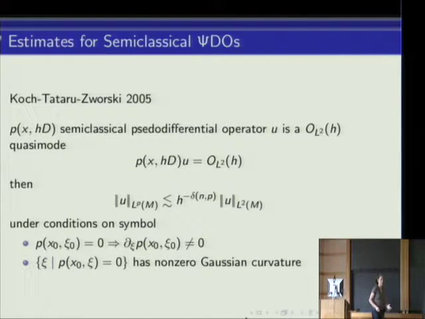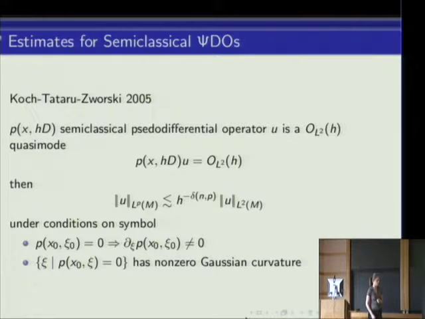So in this setting, we've got a result by Koch, Tataru, and Zworski, which is the analogous result to Sogge's spectral cluster result. So they take a semiclassical pseudo-differential operator and an order h quasimode. And they get LP estimates for the order h quasimode, which are the same as the LP estimates Sogge got for clusters, where h to the minus delta growth is the same as lambda to the delta growth.